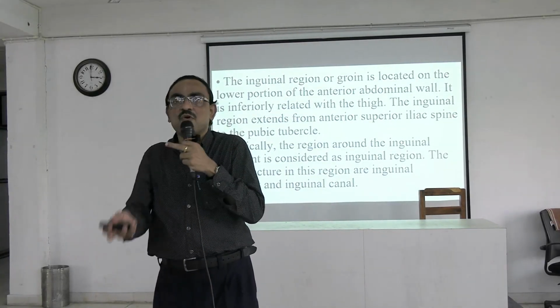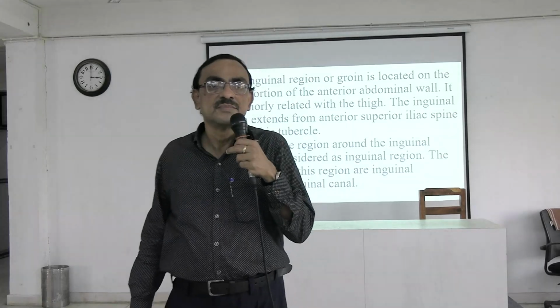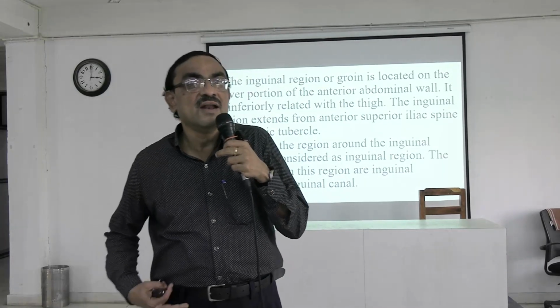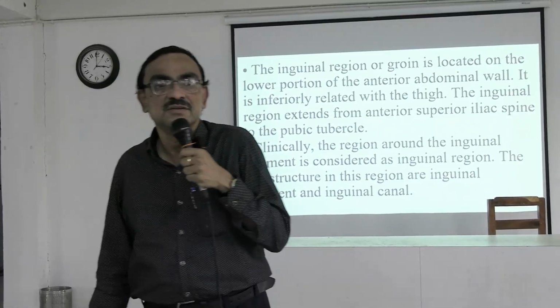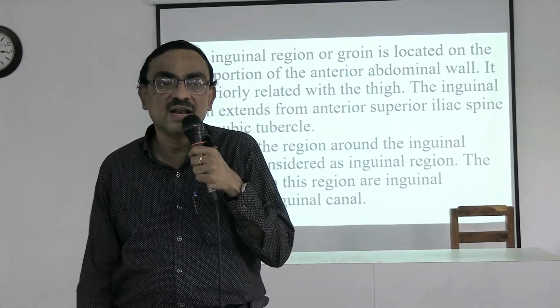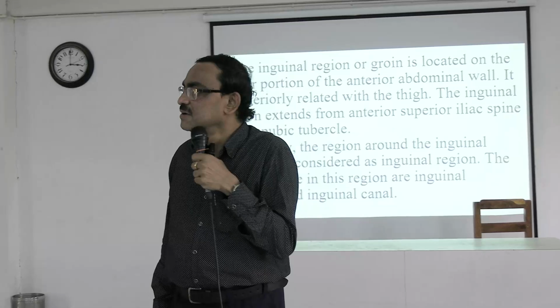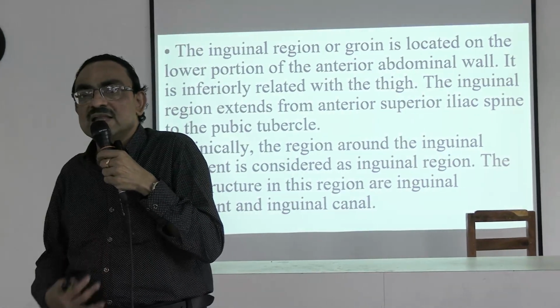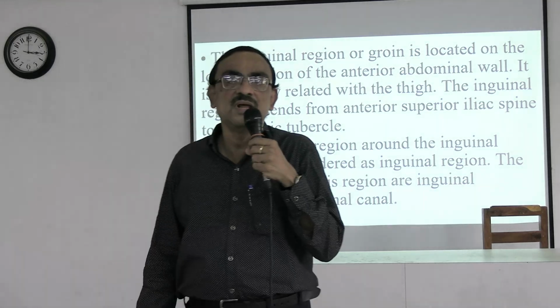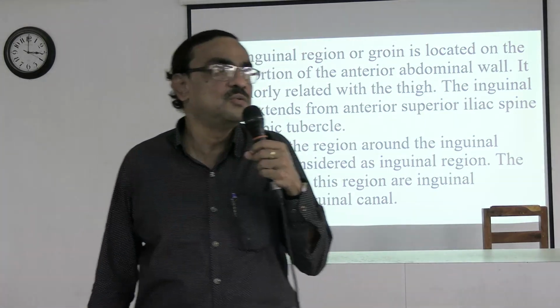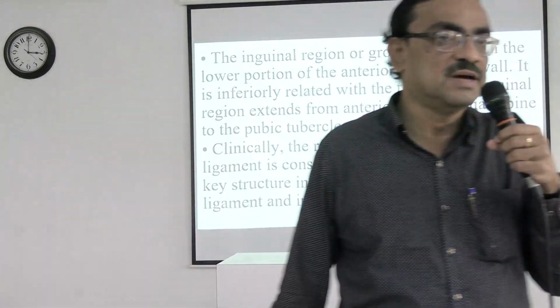Similarly in the forearm, and also in our lower extremity, that is fascia lata, fascia cruris. But in the whole abdomen, including the inguinal region, we do not expect any deep fascia.